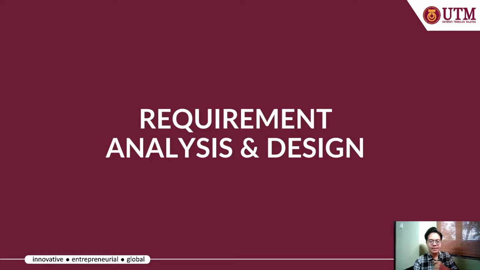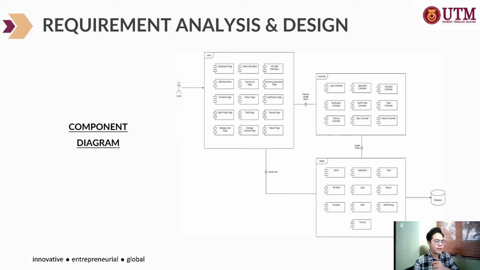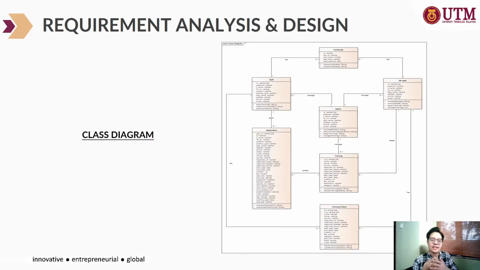So requirement analysis and design. This is the use case diagram for the overall telemanagement system, which consists of 13 use cases. This is the component diagram that shows how the system interacts with other components, which are the view, controller, and the model. This is the class diagram, which consists of 7 classes, which eventually will be used in creating the tables in the telemanagement system database.